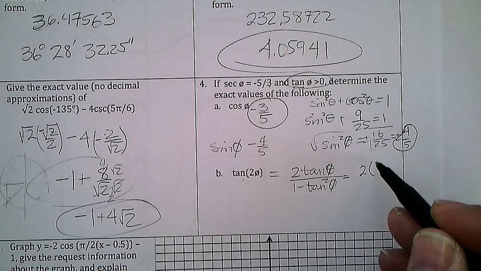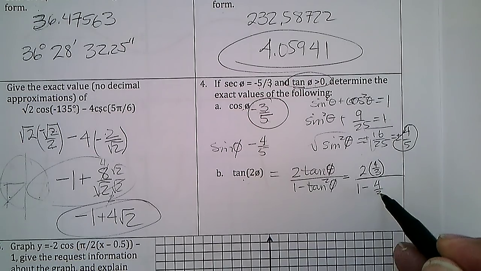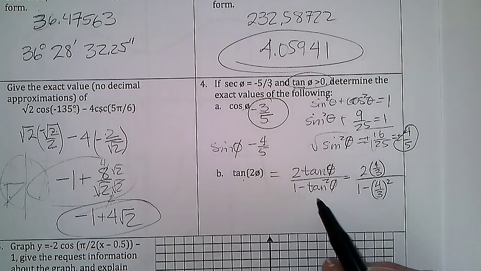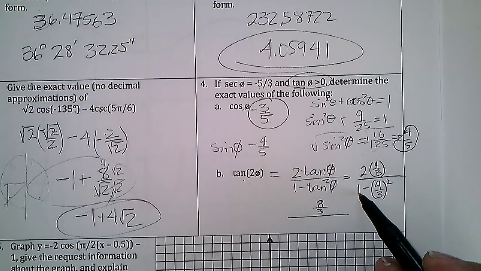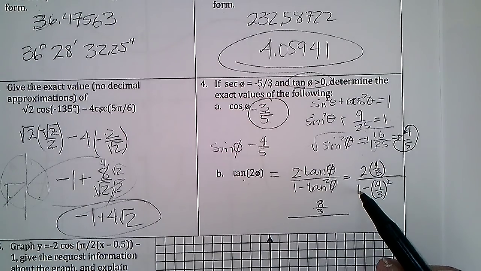2 times 4/3 over 1 minus 4/3 squared. So that's 8/3 over 16/9 from 1.